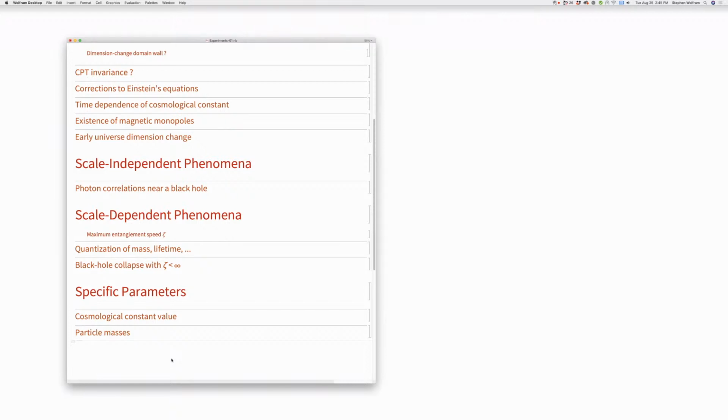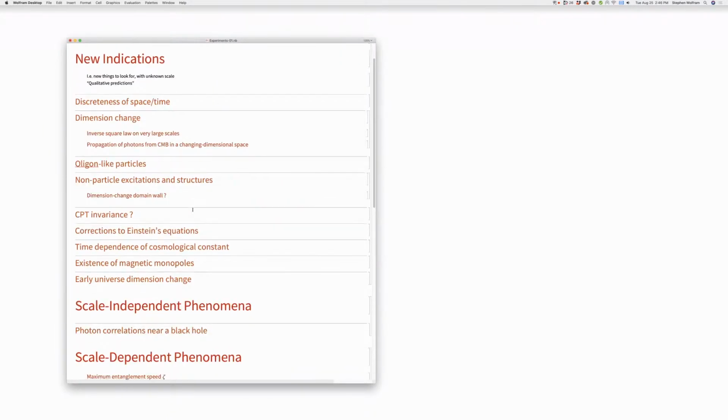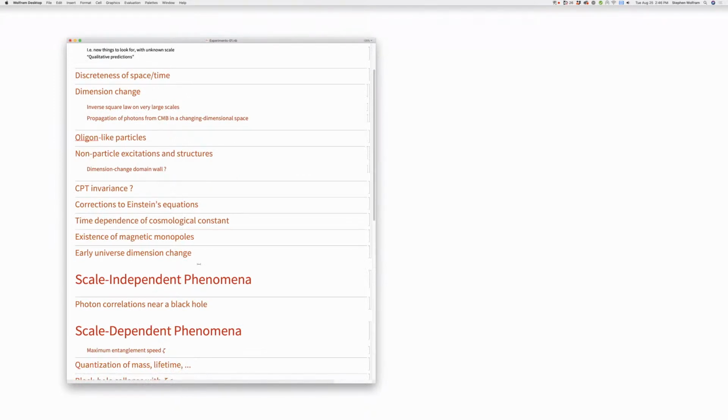What we're looking for here is different kinds of experiments. Another one is the ultimate: could we measure expansion in branchial space? We can measure expansion in physical space by looking at redshift. What is the analog in branchial space?